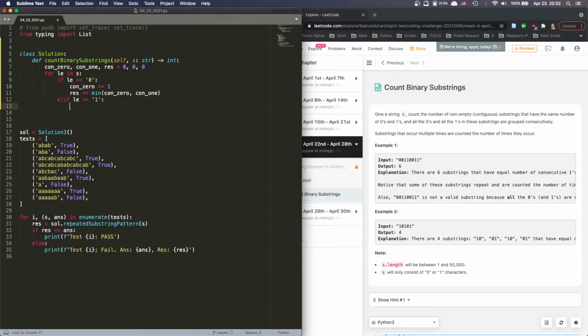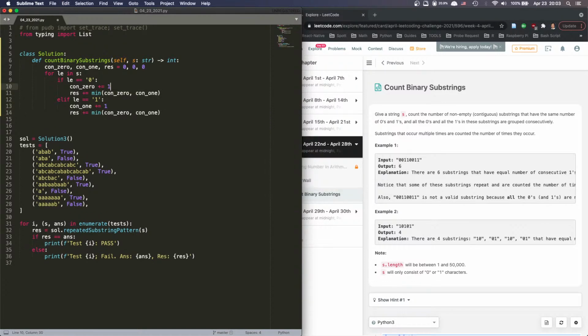Oh, we also need to know whether we need to reset. Let's write this logic first, right? And then this one's the same. Now, after we count, like after we hit a 0, we need to check if the 1s are not 0, right?